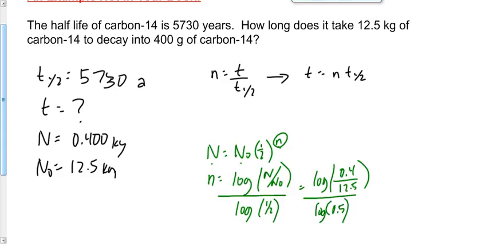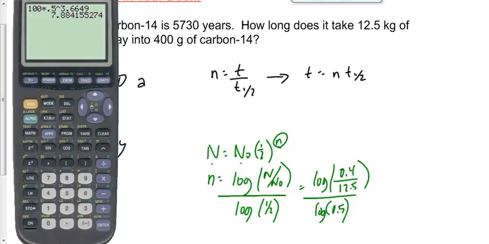Let's do that on our calculator now. The log button, brackets, 0.4 over 12.5. Press enter. Let's divide that by log 0.5.